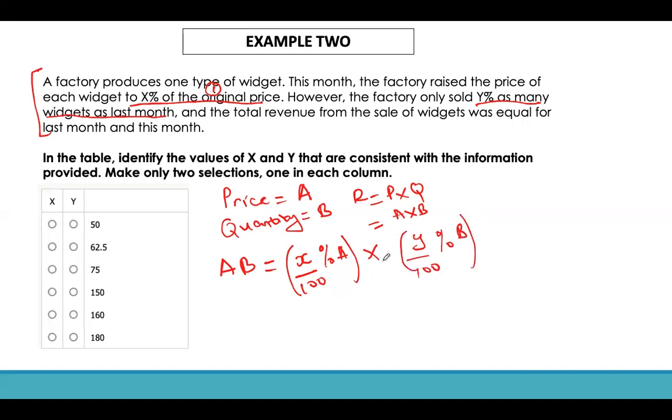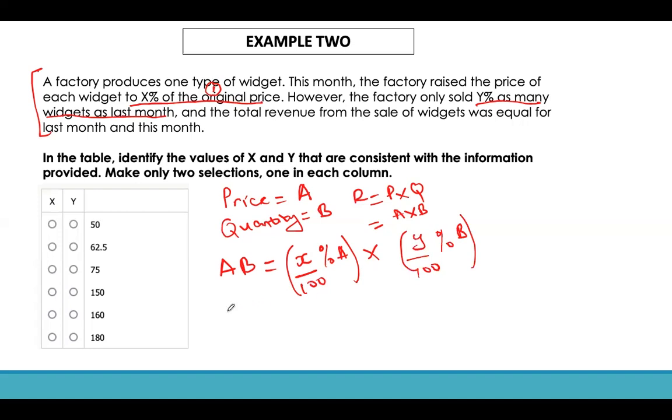So for us to get the revenue for each of these two months, I think we just need to simplify this equation and identify what the different letters that we have here actually stand for, right?